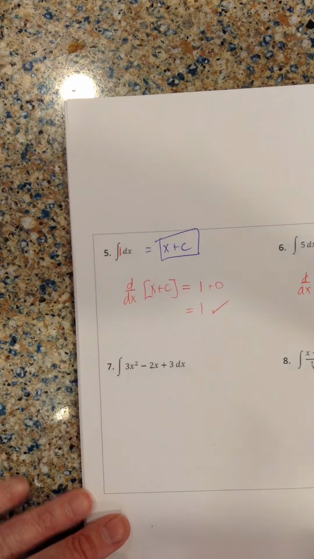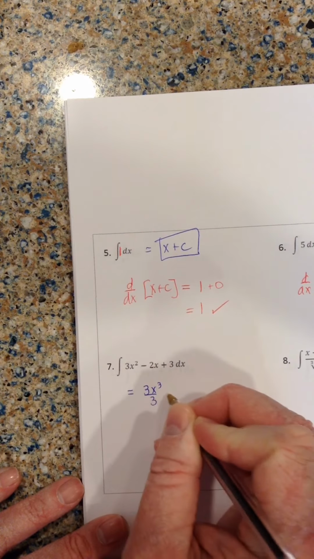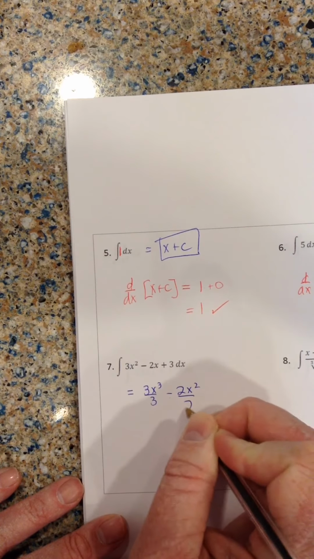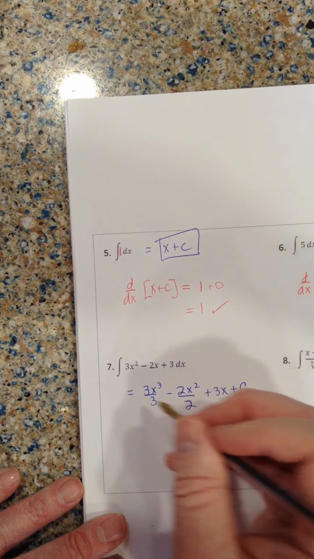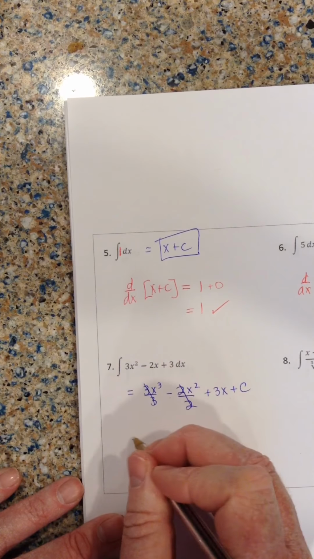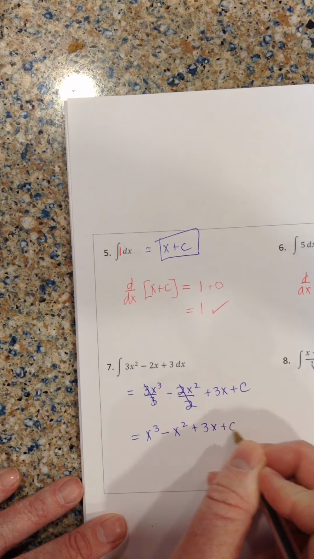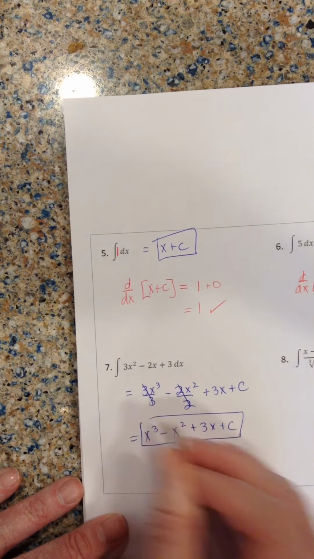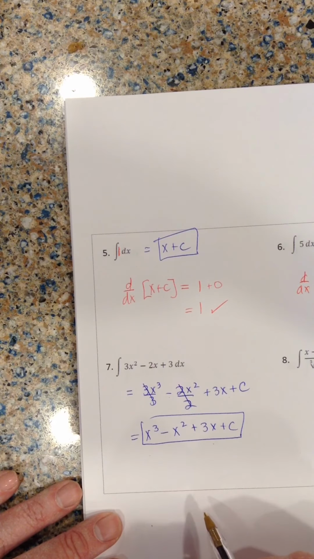Alright, so number 7 is kind of a straightforward problem. 3x cubed divided by 3 minus 2x squared over 2 plus 3x plus a constant. I'm going to simplify that. So we get x cubed minus x squared plus 3x plus a constant. And again, if I were to check that, I'd get 3x squared minus 2x plus 3.